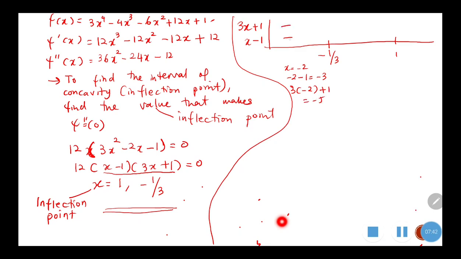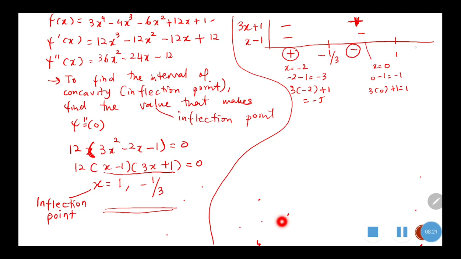Negative times negative gives positive. The next interval is from minus 1 over 3 to 1. I'll pick x equal to 0. Then 0 minus 1 gives minus 1, and 3 times 0 plus 1 gives 1. So one is negative and one is positive, and negative times positive gives negative.